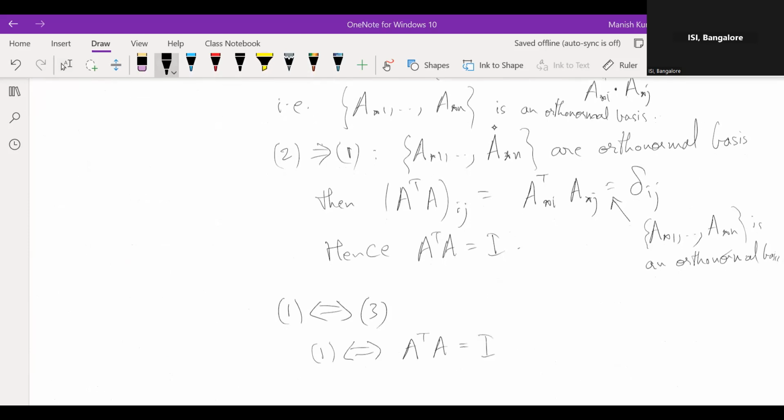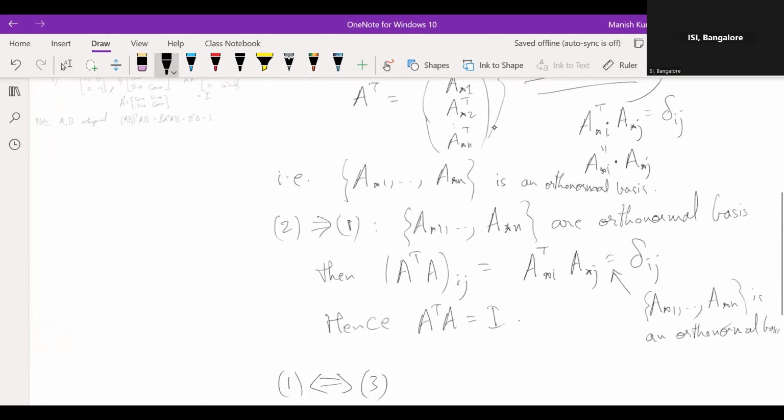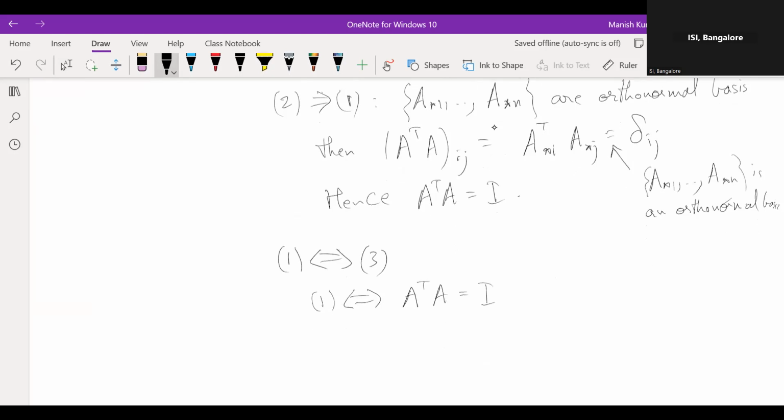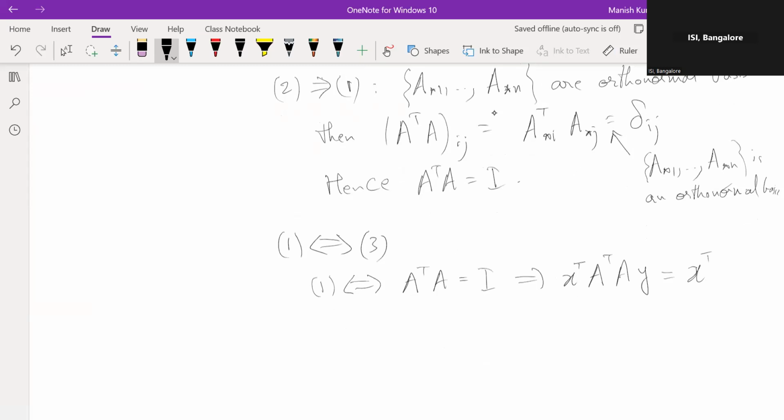Now this implies that X transpose A transpose A Y is equal to X transpose Y. But this is equivalent to saying AX transpose AY is equal to X transpose Y. But this is the same as the dot product.